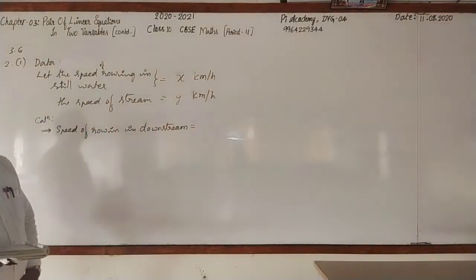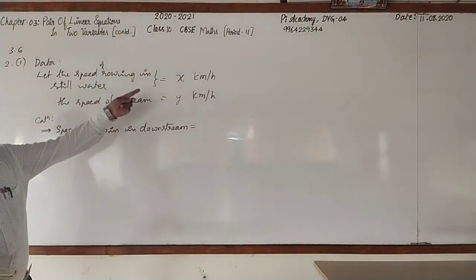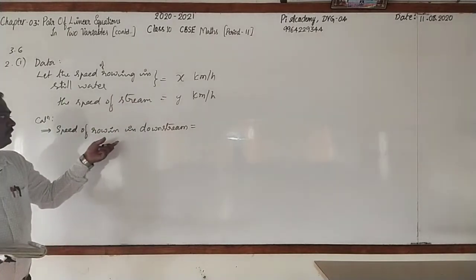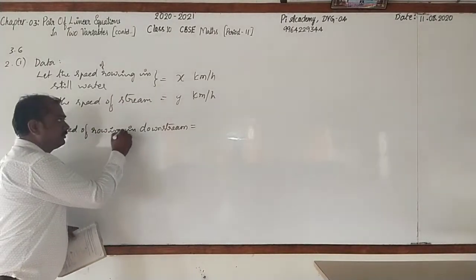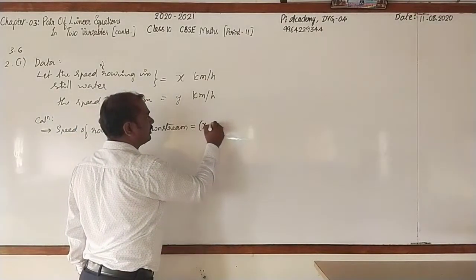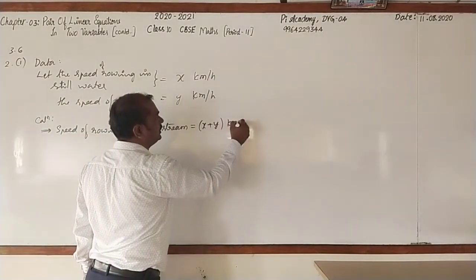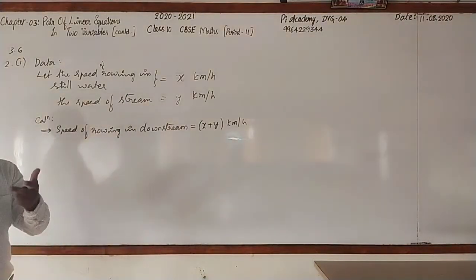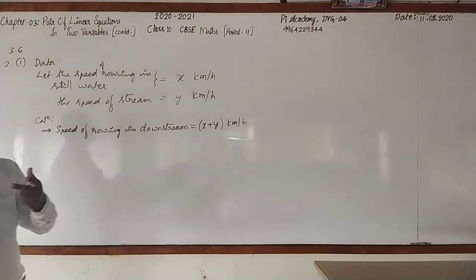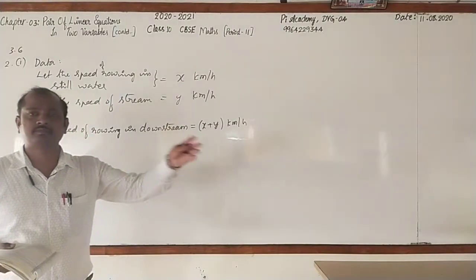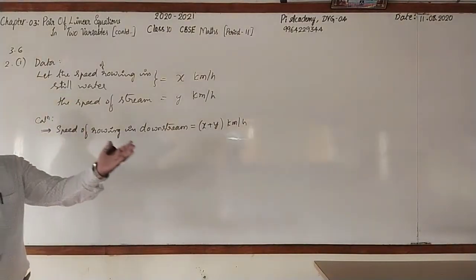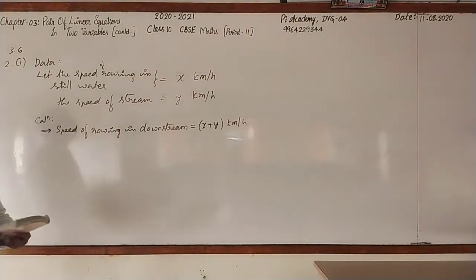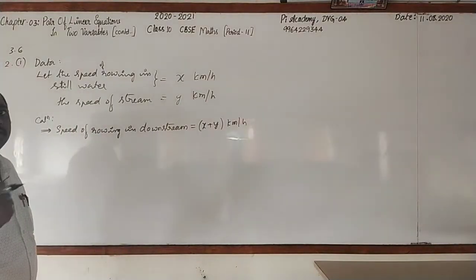In stagnant water, the speed of rowing is x kilometer per hour. So in downstream, both will be added. We can write it as x plus y kilometer per hour. Yesterday I gave you the example of a person swimming in the running water and also swimming against the running water. In both cases, we came to know how to take the speed.